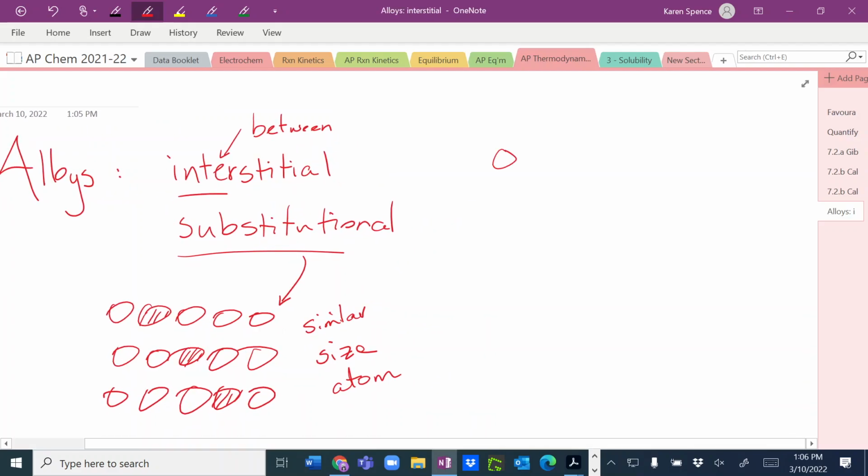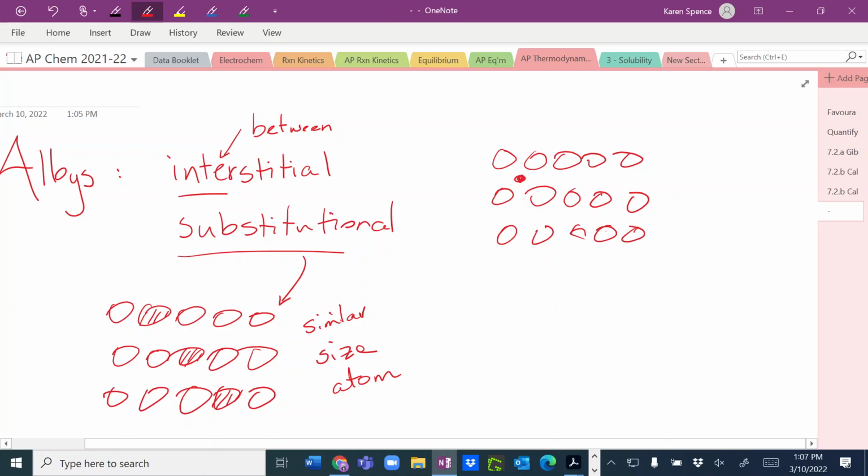So in that case, you would have your metal and tucked away in various places, in the spaces in between, there's something that's much smaller, okay? And that's it. Alloys tend to make metals harder because they don't slide well against each other. Yeah, we did do this. I remember we did talk about this. Okay, we're good.